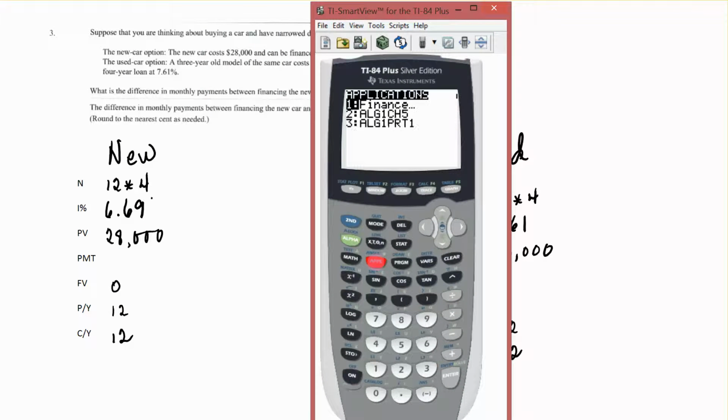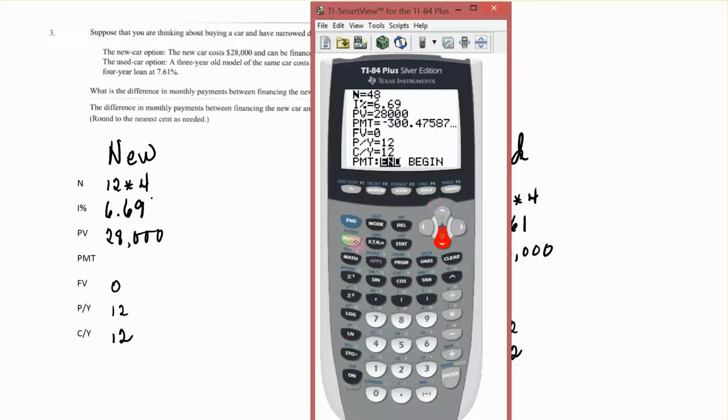App, Finance, TVM Solver. All right, I have 12 times 4. That should be 48. The interest rate is 6.69. Present value, $28,000. And everything else is the same.